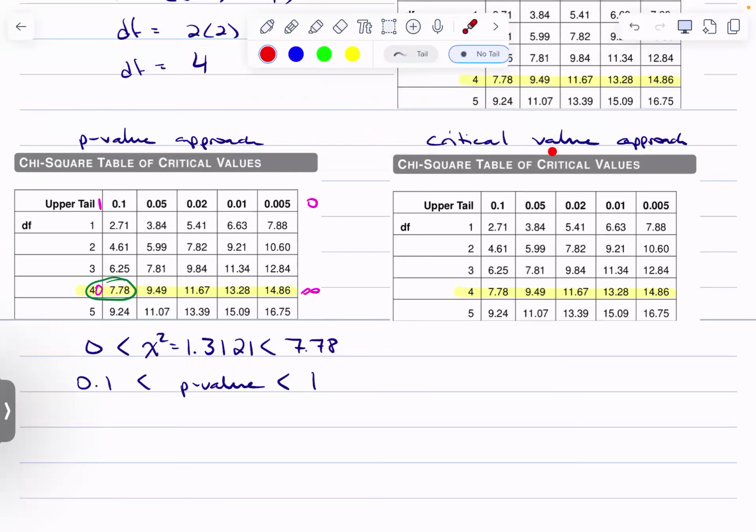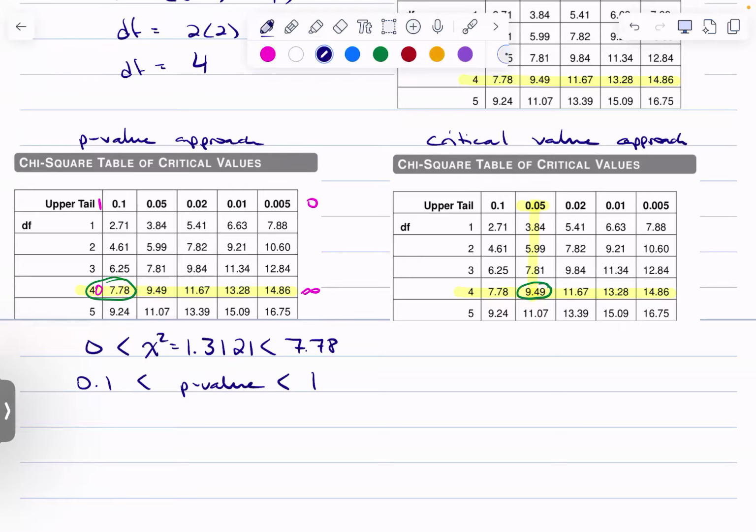For the critical value approach, what would you do? You would say, well, I'm going to force my alpha level to be 0.05 because that's what we're using. And then we're going to map down here and say, okay, in order for the p-value to be less than 0.05, my chi-squared would need to be bigger than 9.49, which is why we call it a critical value.